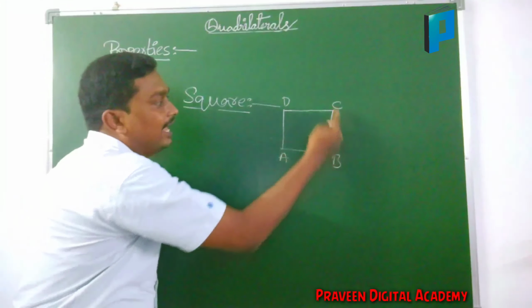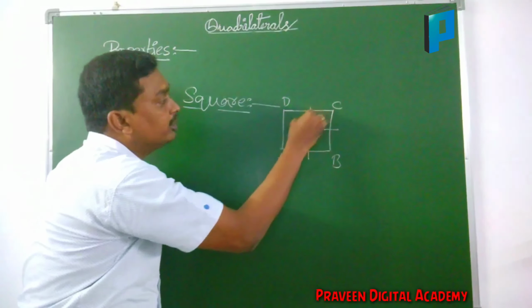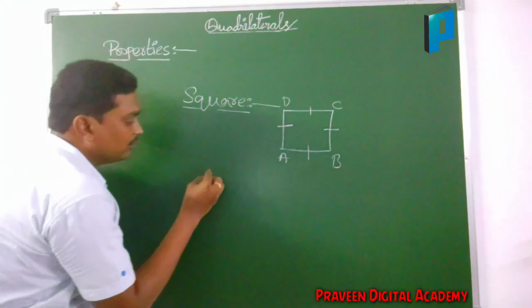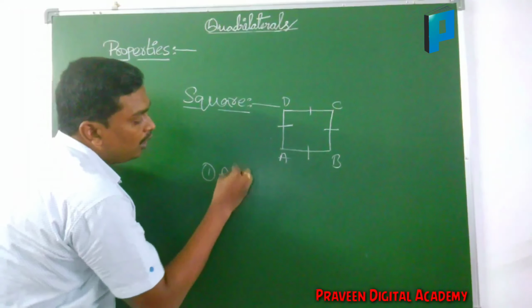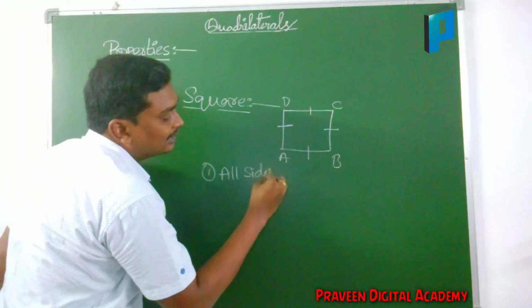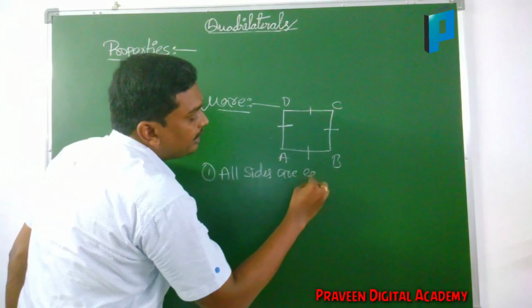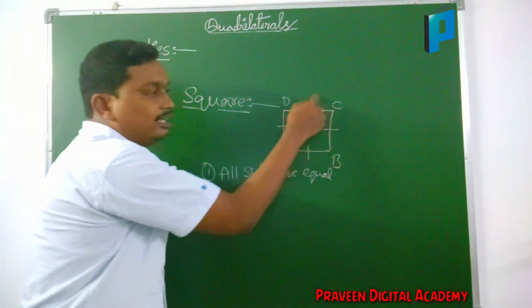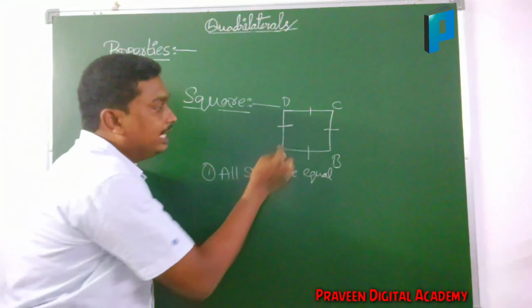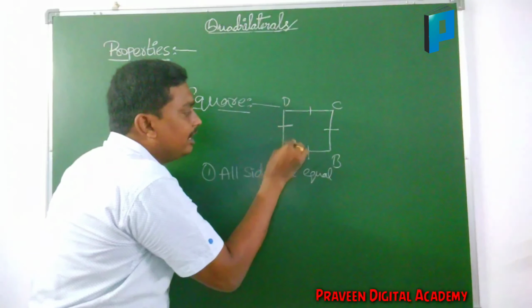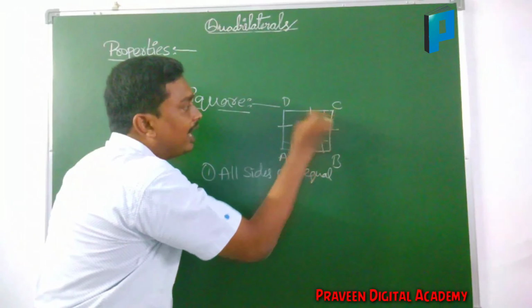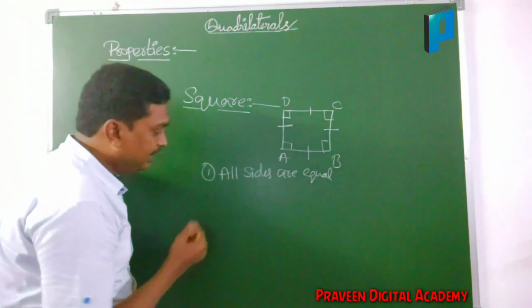A square will have all sides equal. What is the first property? All sides are equal in a square, and each angle of a square is equal to 90 degrees.